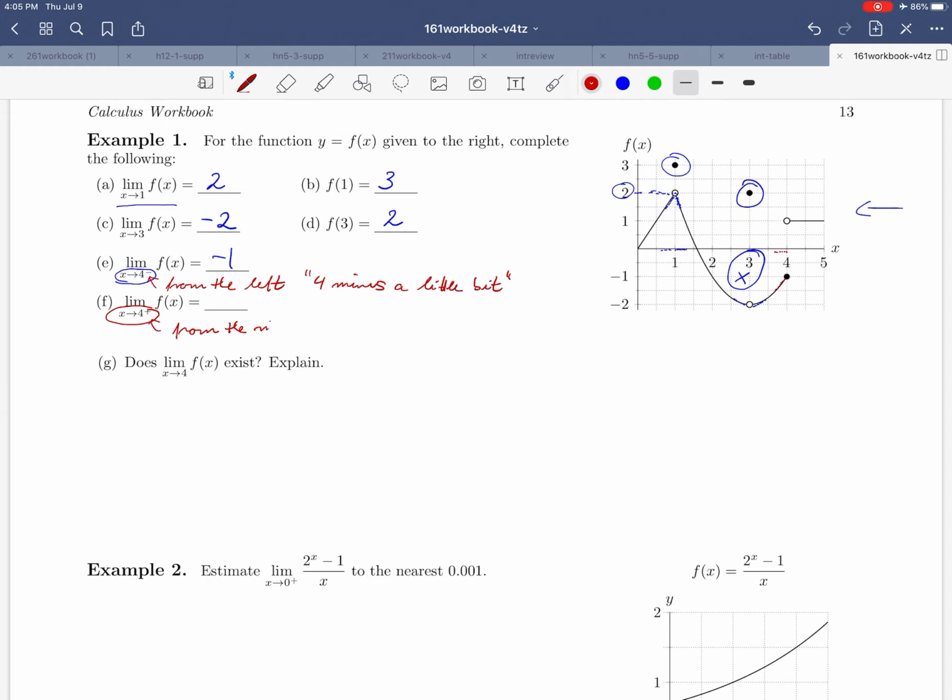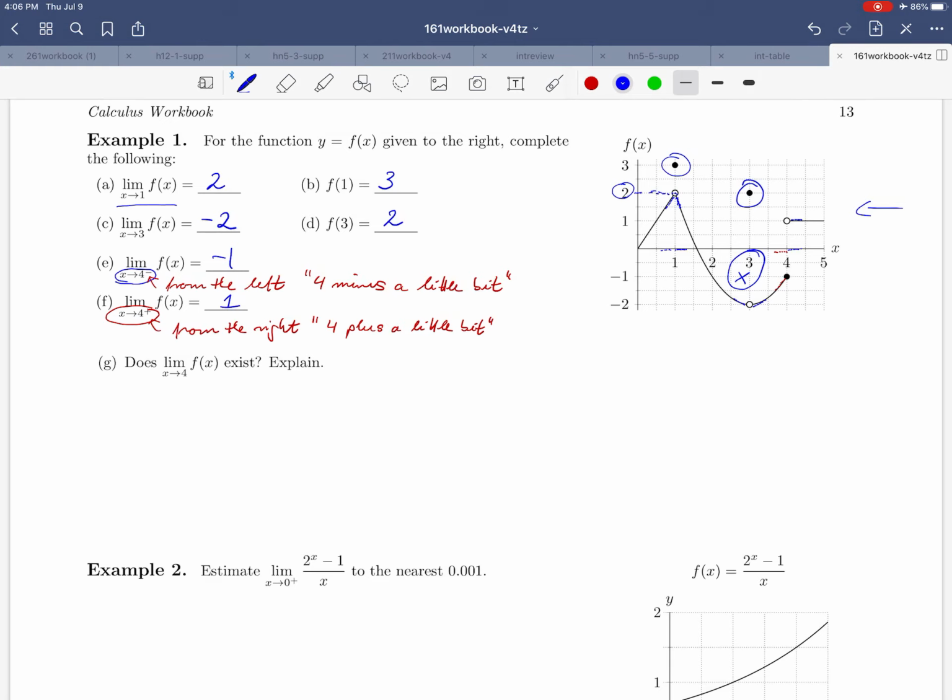From the right. You can think about it as 4 plus a little bit. Okay, so values that are slightly bigger than 4 are approaching 1.